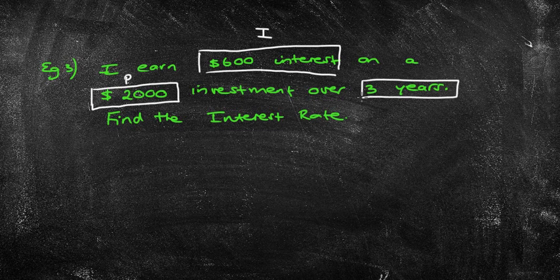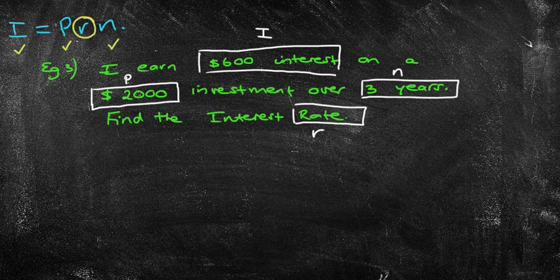Well, that's the number of years, that's N, and it says find the interest rate. And we know that the rate is R. So when I'm looking at my formula, I equals PRN, we have this time an I value, we have a P value, we have an N value, but we're trying to locate what the R was.